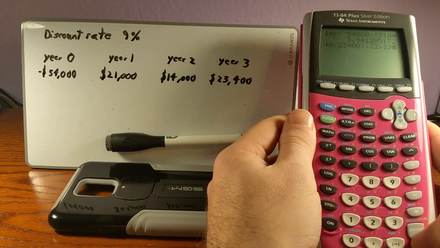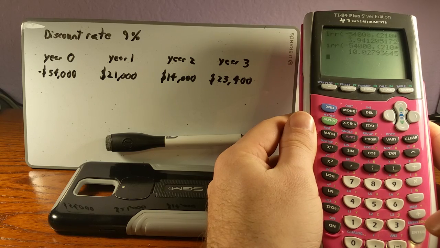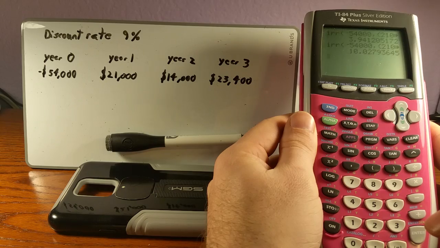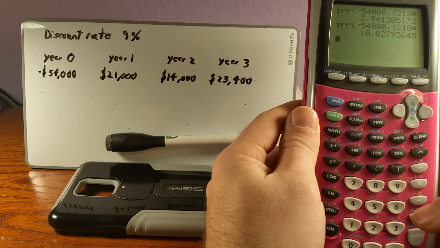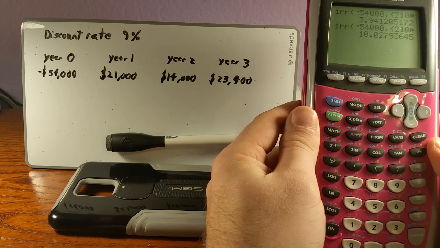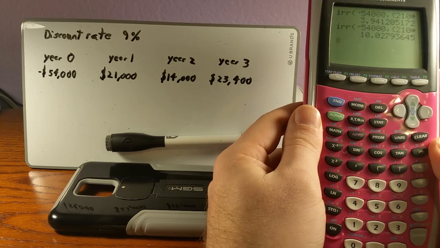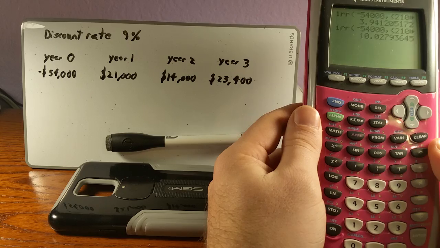Close our curly brace, and now we have an internal rate of return of 10.02, or actually 10.03 because of the 7 there, right? All right, so what does that mean? Well, that means that the IRR now is greater than the required rate of return, so that would be a profitable project to take.